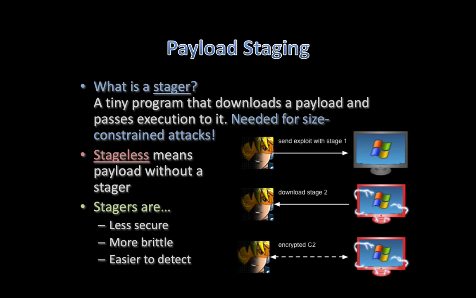If you hear me refer to stageless, that means the attack or automation uses a payload as is, and there is no stager involved in that process. In Cobalt Strike 3, stagers were used in all of Cobalt Strike's automation. They were a default. In Cobalt Strike 4, stagers are no longer as prevalent in Cobalt Strike's workflows as they once were.